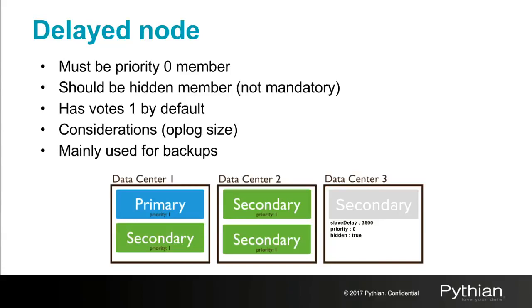It depends, and it's not very common, but with a delayed node, if you run some delete operation on the primary, you have at least maybe an hour or two to get that data back from the delayed node. So that's why they're useful.